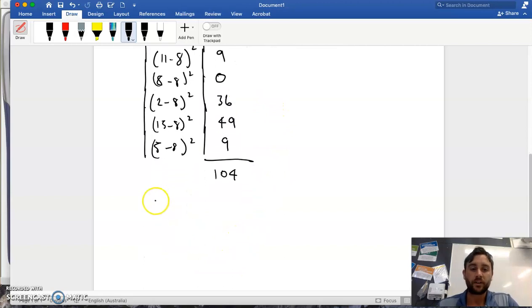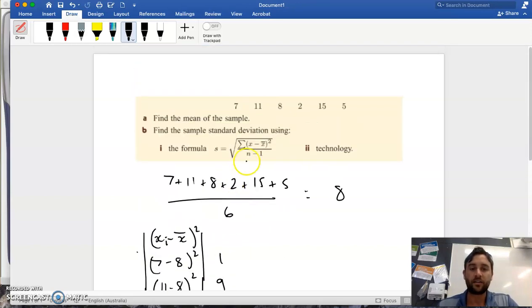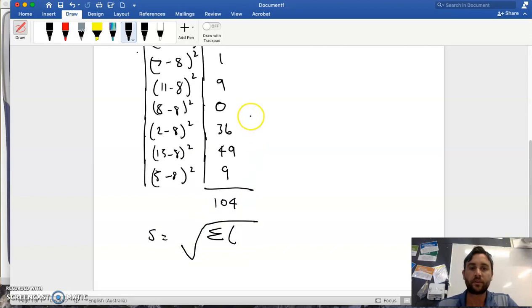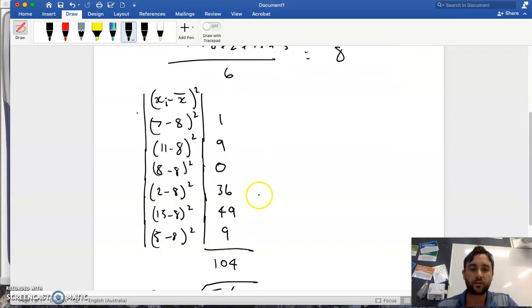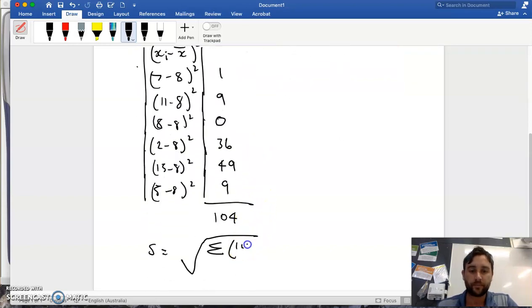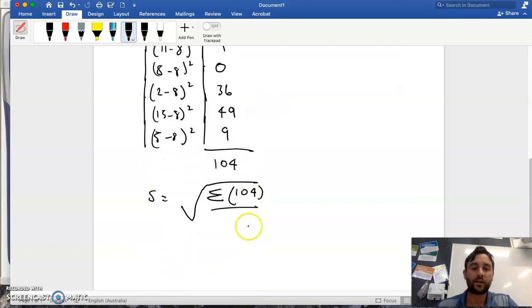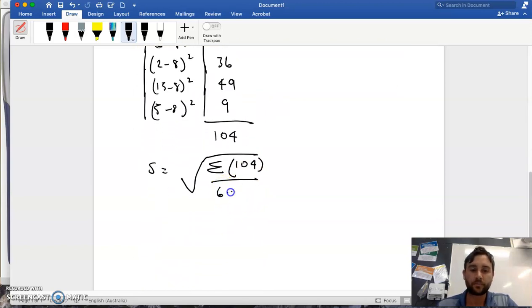I can now put that into my formula. So my formula is S equals the square root of the sum of each of these individual values squared, which is of course 104 now, divided by n take 1, the number of values take 1, which is 6 take 1.